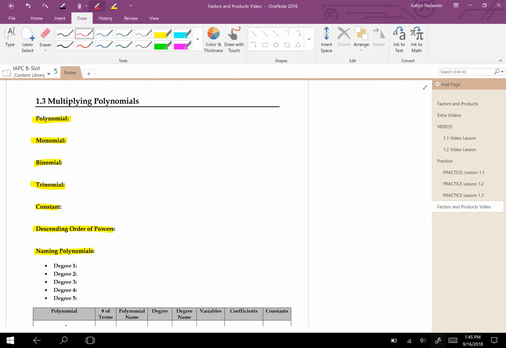So first we have a polynomial. What's a polynomial? So here we have one term, or the sum of terms containing variables and whole numbers and whole number exponents.